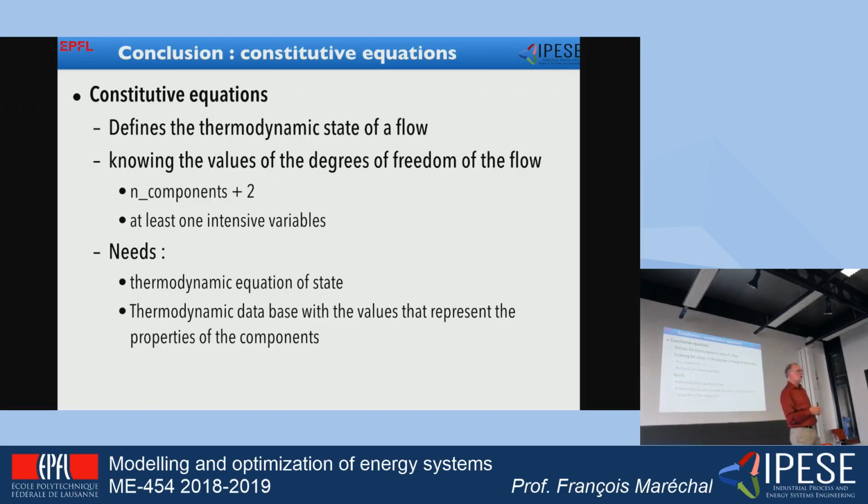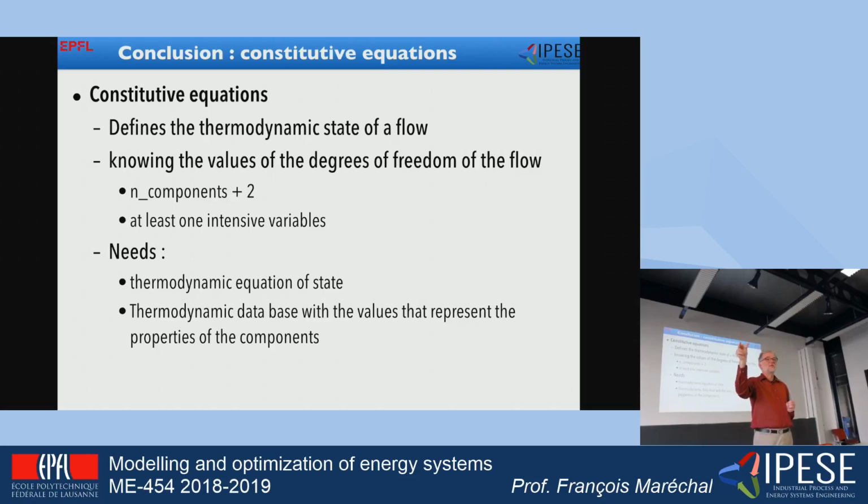So it means also that, let's assume that you have only water, normally you need to fix 3 values. But you cannot fix the temperature, the pressure, and the specific enthalpy.